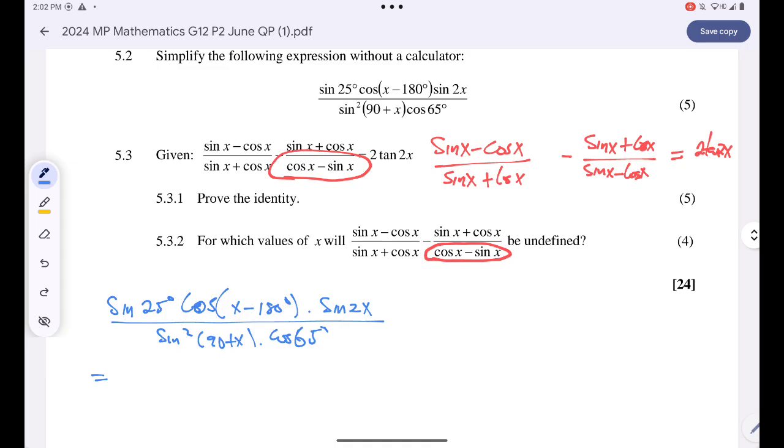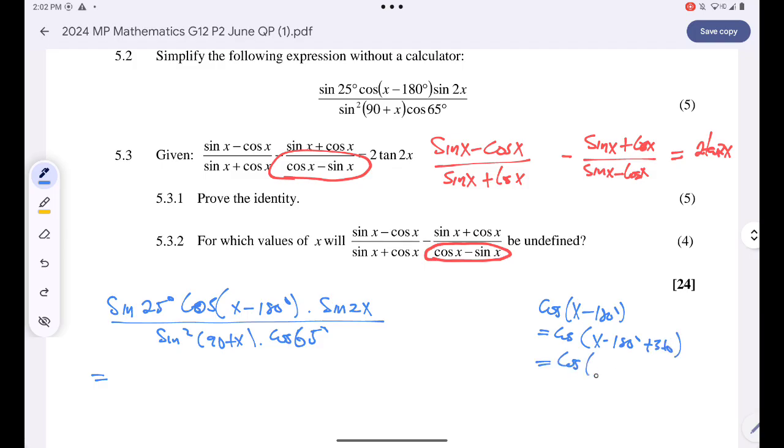Once I have negative angles, all I have to do for me to make them positive, I just need to add 360. So I know that cos of x minus 180 degrees is equal to the cos of x minus 180 plus 360 degrees.